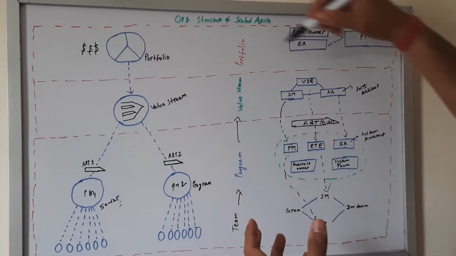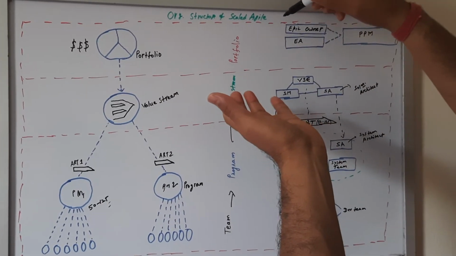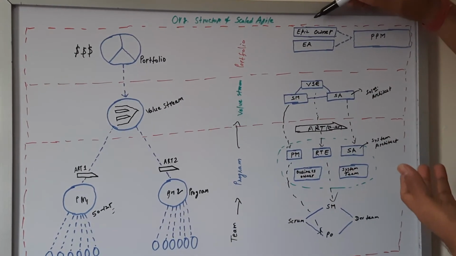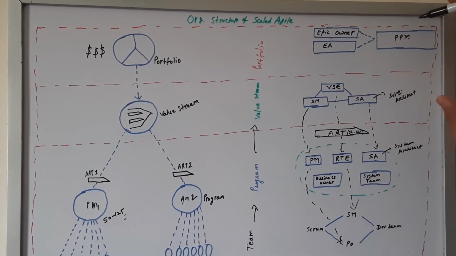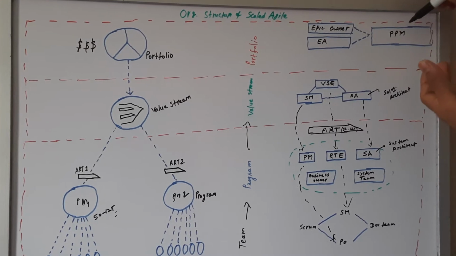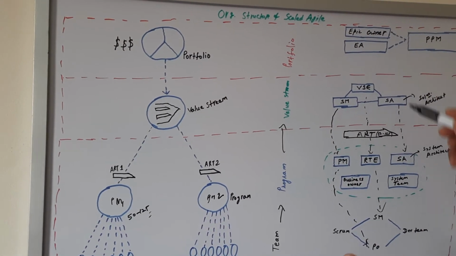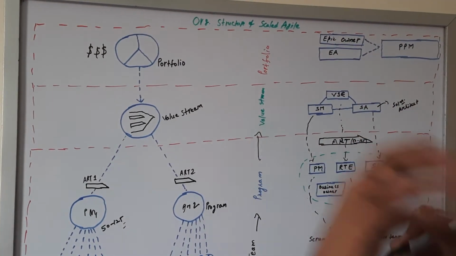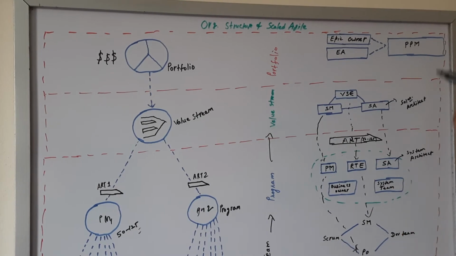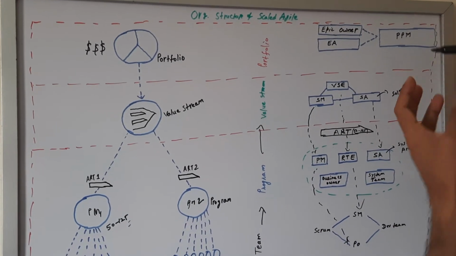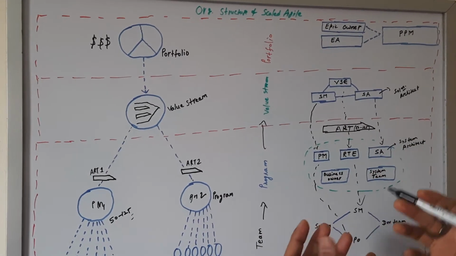Now at the top you will see the portfolio level. At this level you can see a few roles, like Epic Owner, Enterprise Architect, and PPM, which is known as Program Portfolio Management. Basically, the Epic Owner will create new ideas and come up with new initiatives, and Program Portfolio Management will provide the budget for the initiatives.